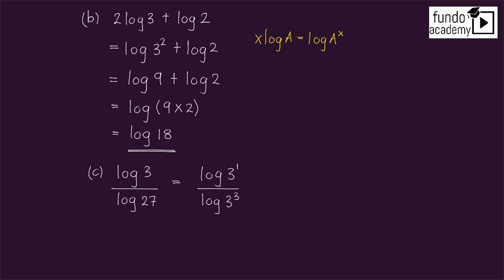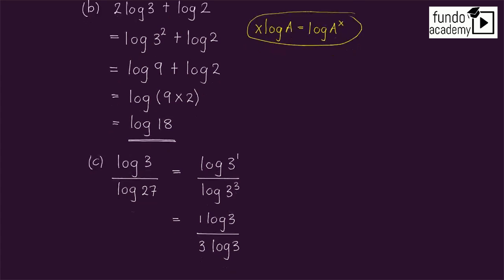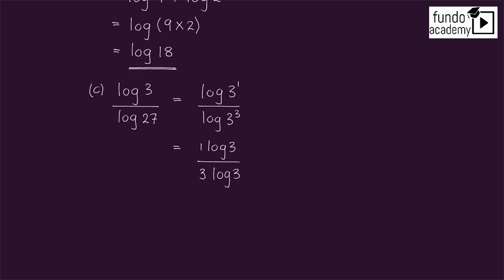Using the third law, we'll have on the numerator 1 log 3, and on the denominator 3 log 3. That means we can cancel out the log 3's, so we'll be left with our solution being 1 over 3, and that's the solution to part C.